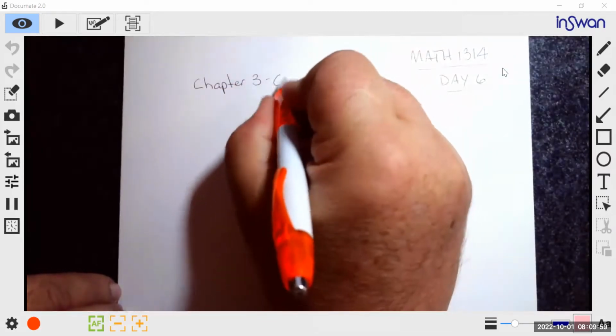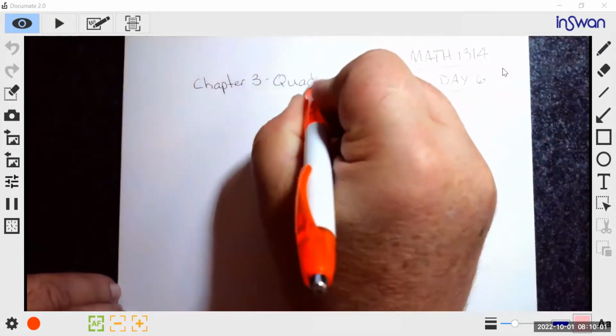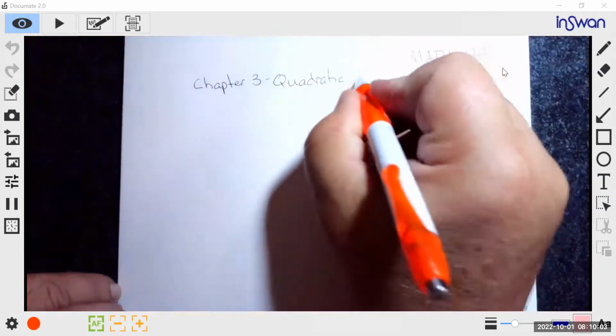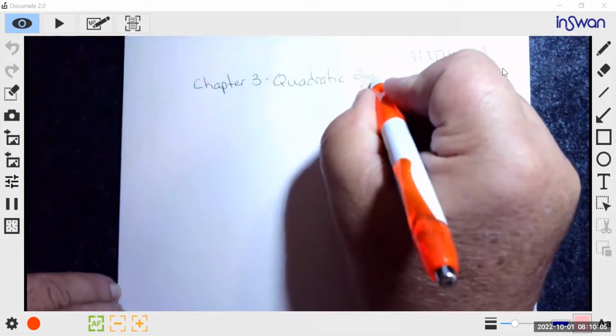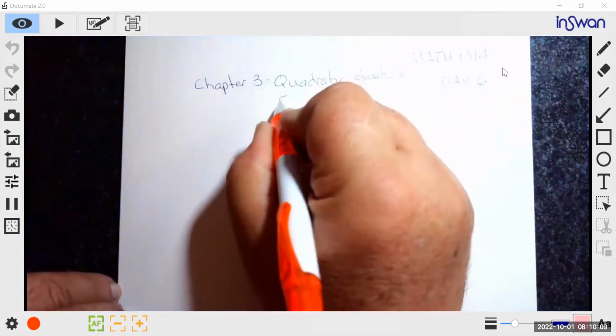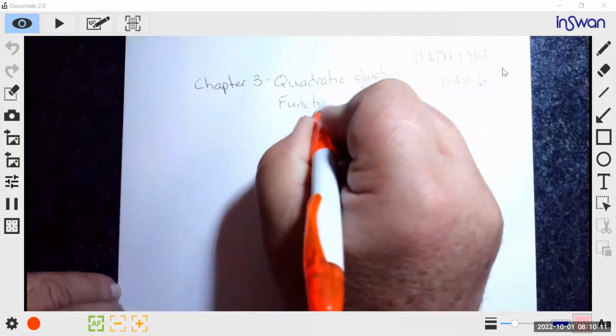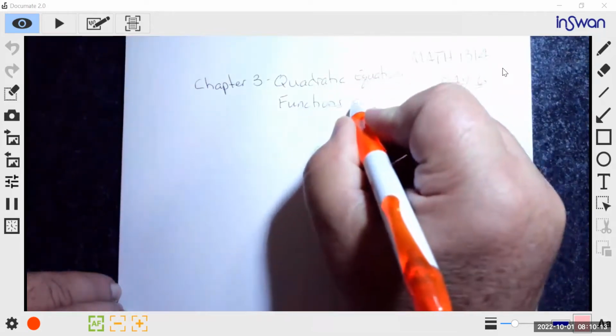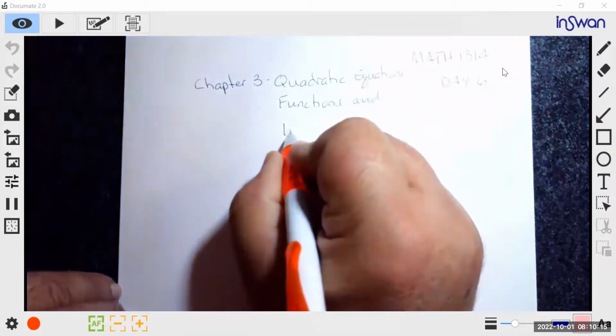Chapter 3 deals with quadratic equations, quadratic functions, and inequalities.